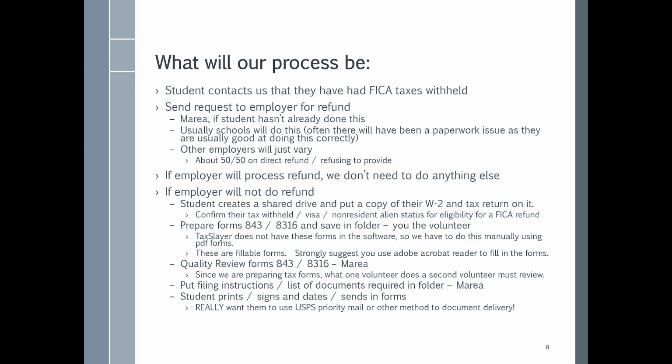By the way, I would strongly recommend that you get Adobe Acrobat Reader to use for filling out the forms. If you use some other PDF reader software, we have had issues with text and fonts and getting a correct PDF printed out of the final form. So please use Adobe Acrobat Reader. Get that and use that.